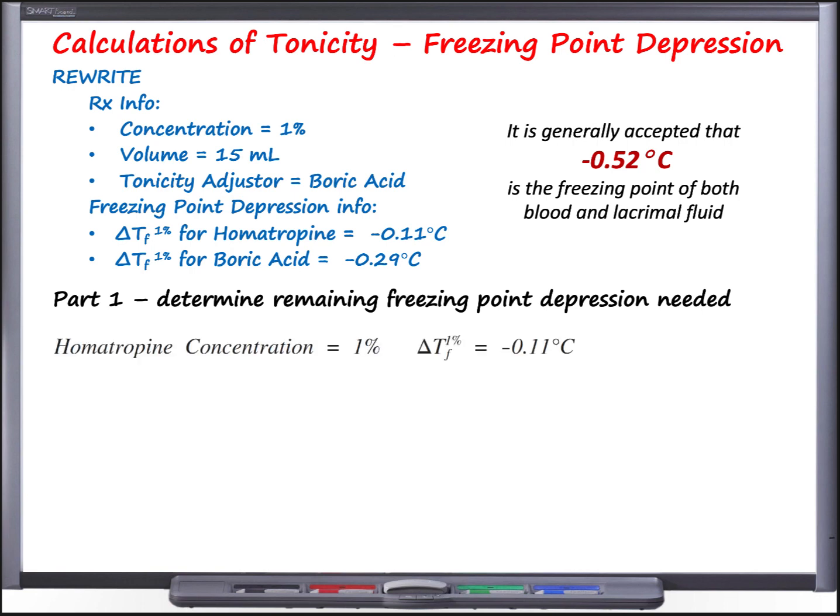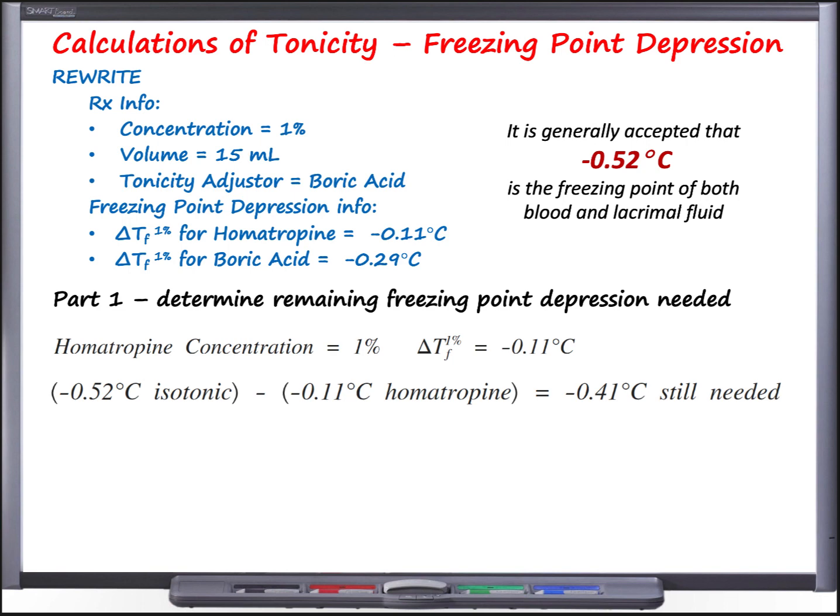What do we already know? We know our homatropine concentration in our final product is 1%. That's very convenient because the delta TF we looked up in the table was for a 1% solution. So 1% homatropine will reduce the freezing point by 0.11 degrees Celsius, and that's the only thing we're going to have in there to begin with.